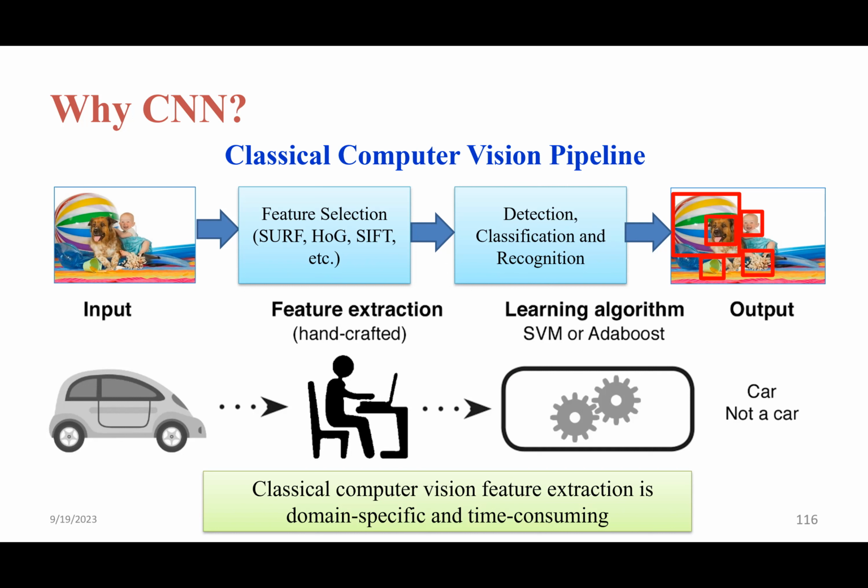Now, as we know, feature extraction is a core component of the computer vision pipeline. If you want to correctly identify these objects, then the right features should be extracted. So in traditional machine learning problems, in the computer vision pipeline, we spend a good amount of time in manual feature selection and engineering.